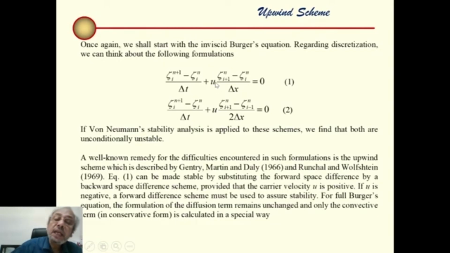That means if u is positive, then instead of the forward difference scheme, if we write a backward difference scheme or rearward difference scheme, this will be stable. If u is negative, then forward difference scheme must be used to assure stability.